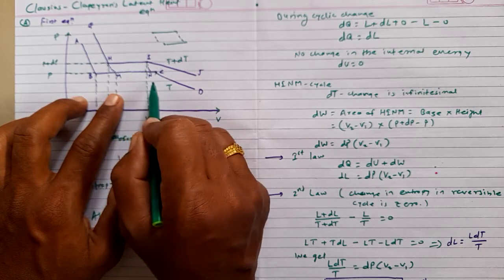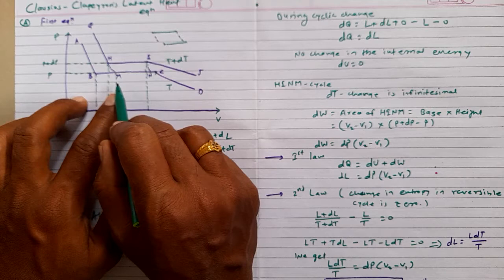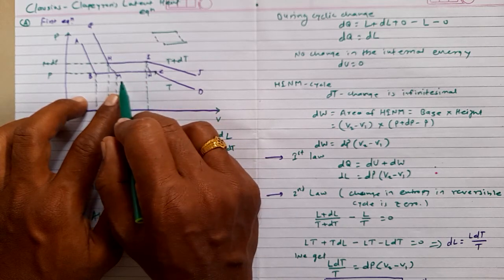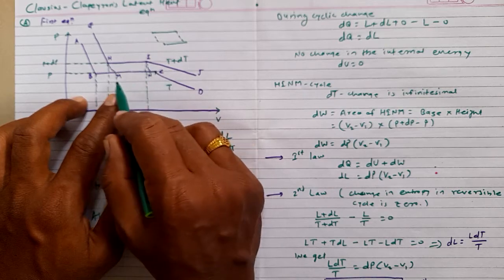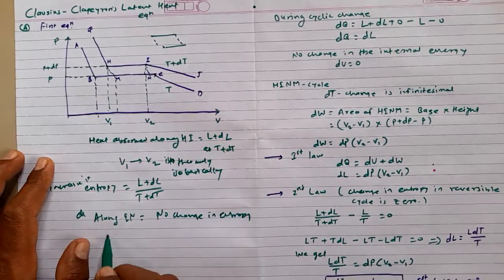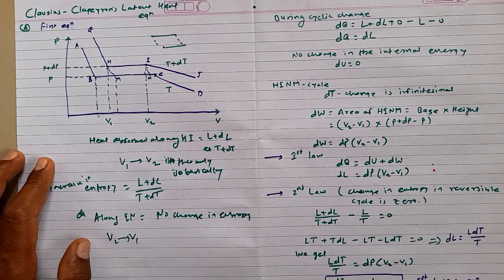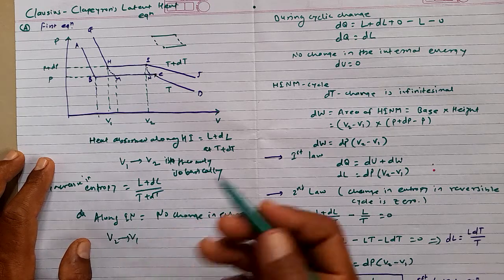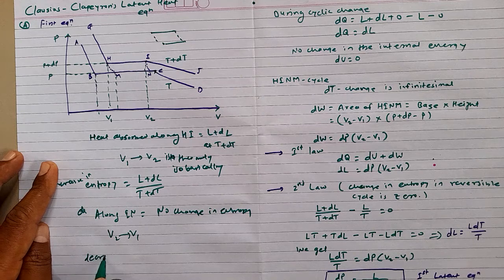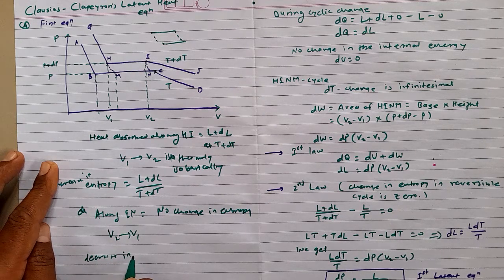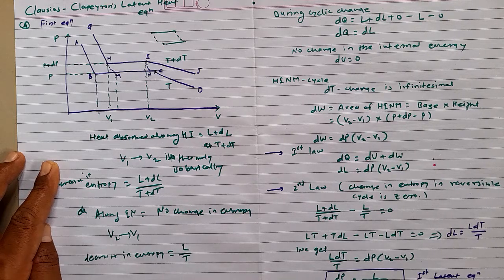So the vapor is converted again back into the liquid, because volume has decreased from V2 to V1, isothermally and isobarically. So the decrease in entropy is L upon T.